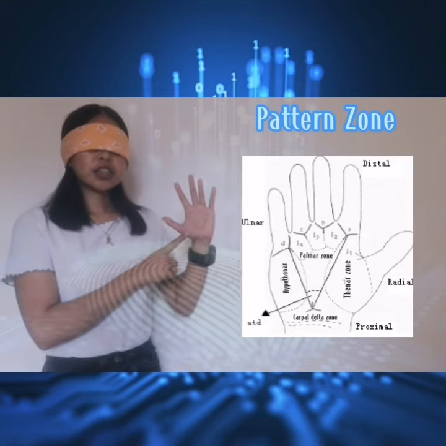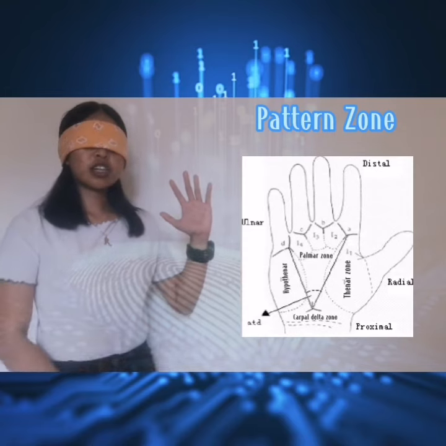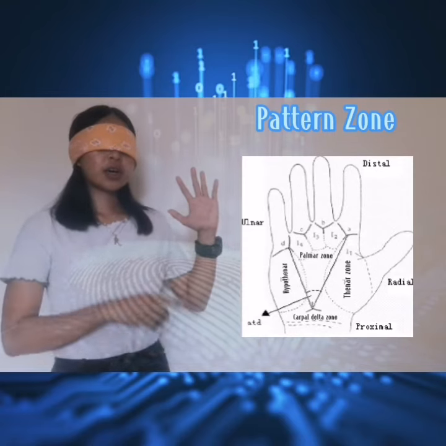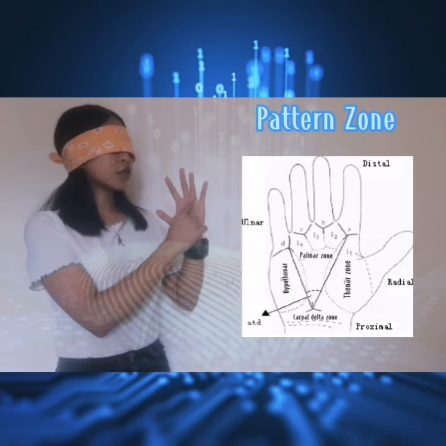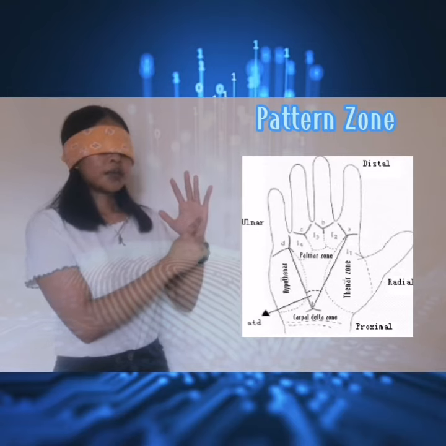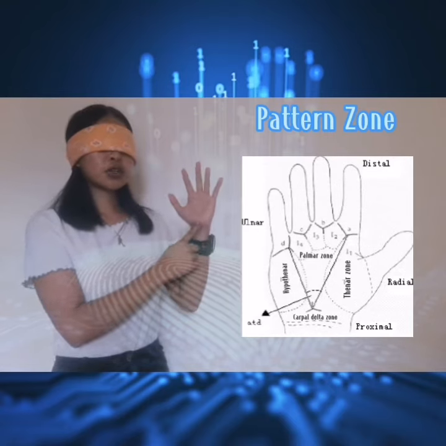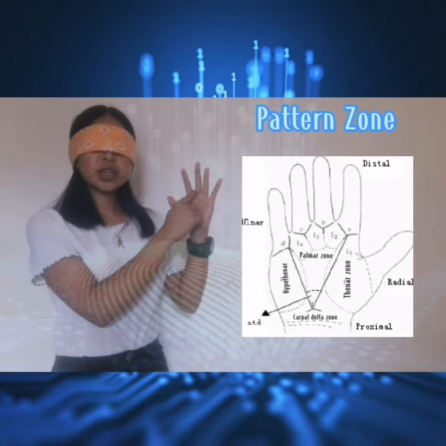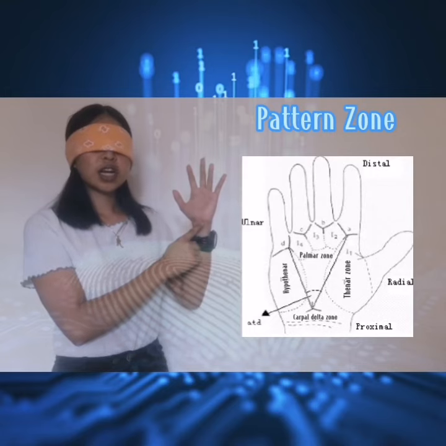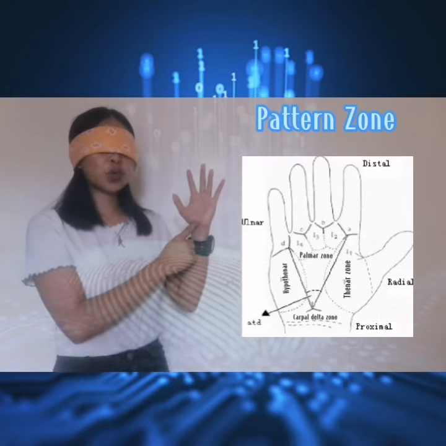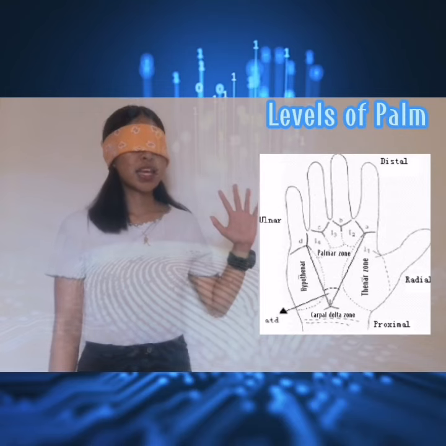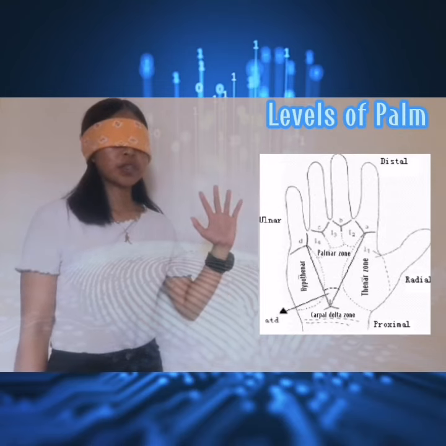The hypothenar refers to the large cushion area below the base of the little finger, and the delta carpal zone is the area about the center of the palm near the wrist, where the delta is frequently present.